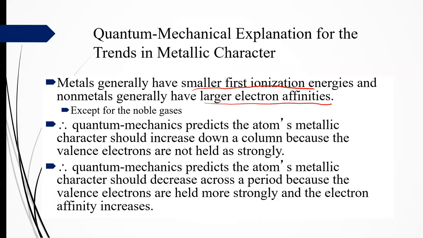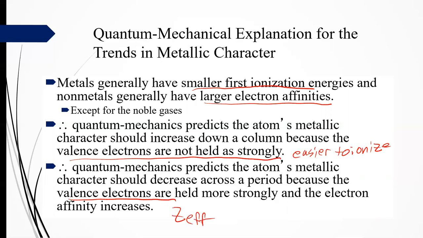So our metallic character, we think it should go down because the valence electrons are not held as strongly, making it easier to ionize. So it's easier to become a cation. And it decreases across the right because those valence electrons, they feel a higher Z effective. They're held more strongly, and the electron affinity increases. So both of those things kind of go hand in hand.